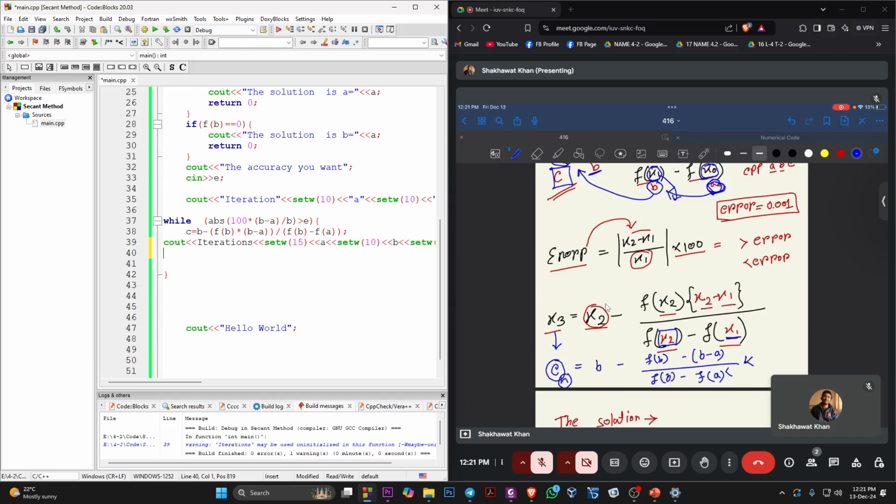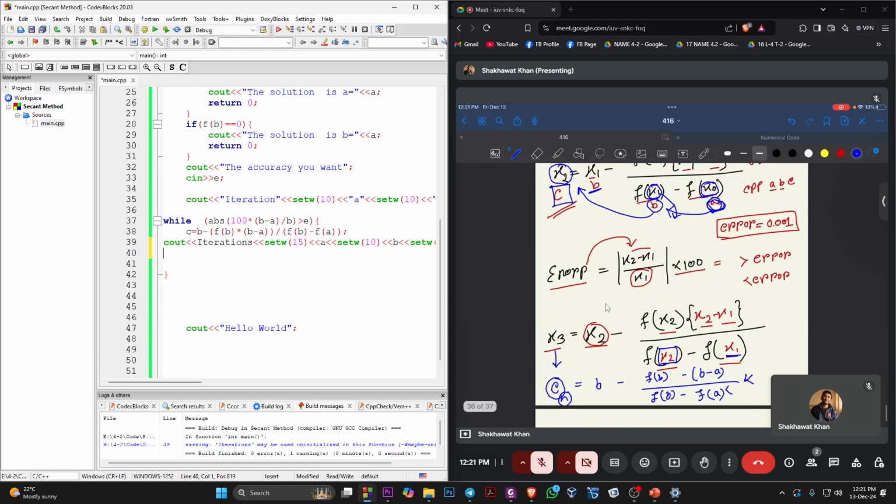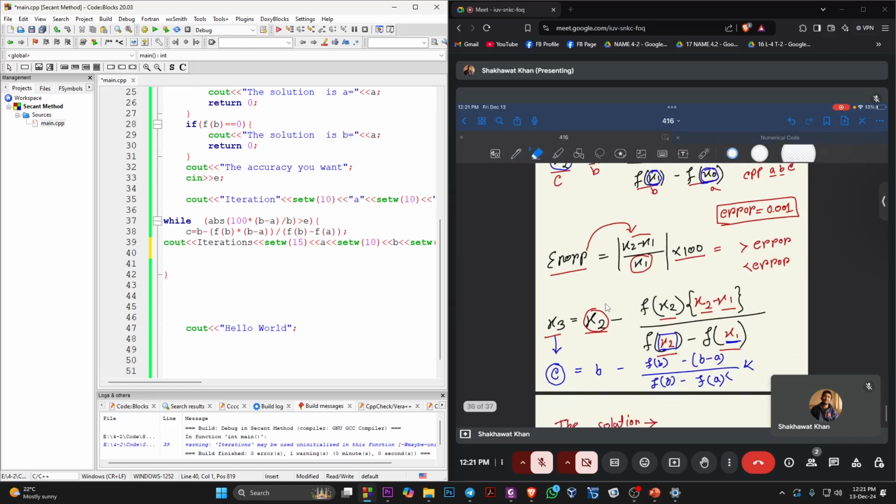So that's why in that case I have to swap these values for A, B and C. Okay, so now I have to again evaluate this C value with some replacement. So how can this happen in C++?